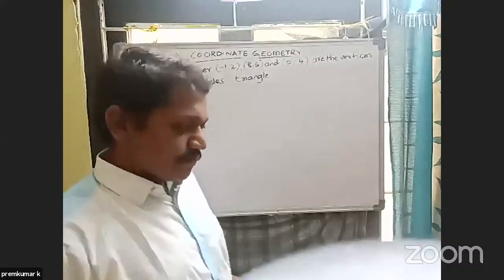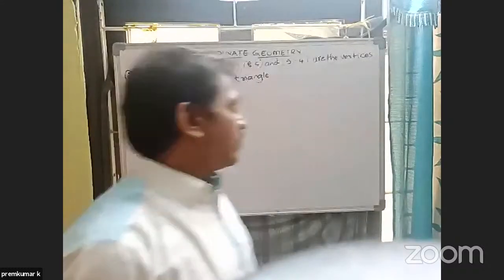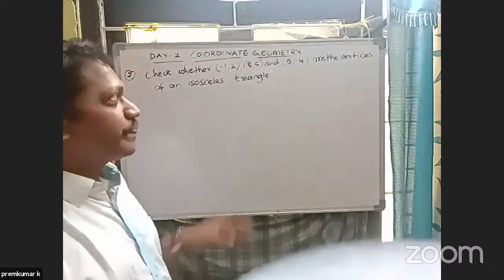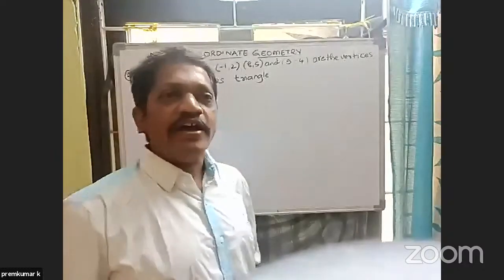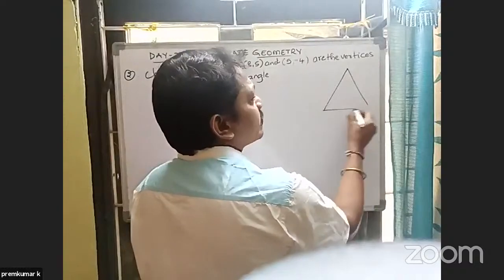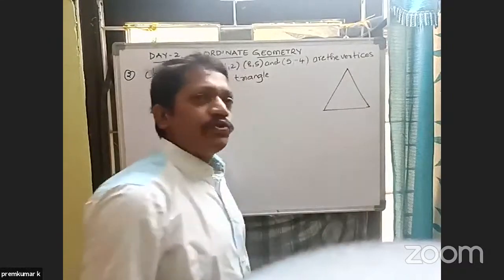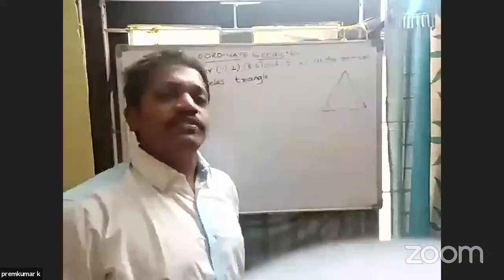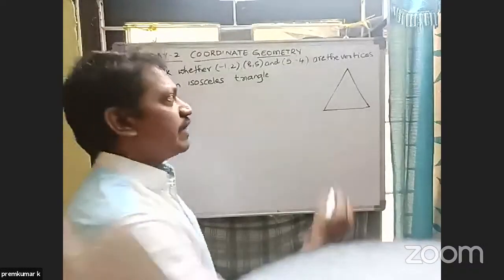Isosceles triangle. Okay, I have already explained to you. If it is an isosceles triangle, what we have to check is any two of these three side lengths must be equal.